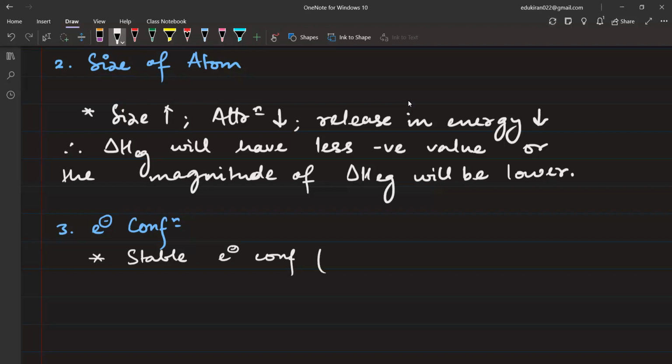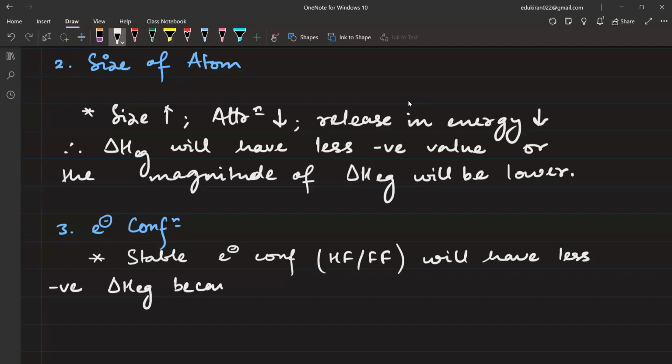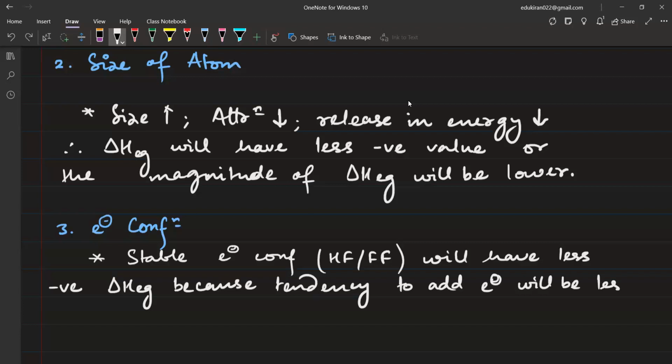So most of the time, half-filled or fully filled will have less negative delta HEG, electron gain enthalpy, because the tendency to add an electron will be less. Why will the tendency of adding an electron be less? Well, because the atom already has a stable electronic configuration, so it does not want to disturb it. Okay, so these are the three factors.